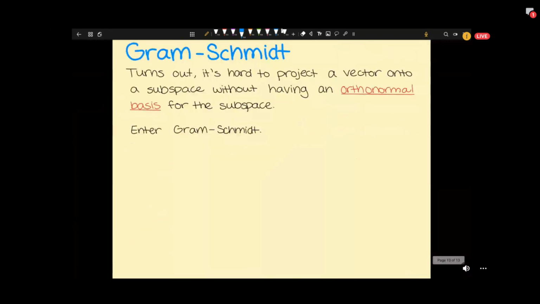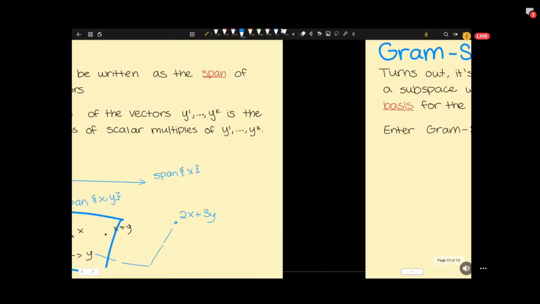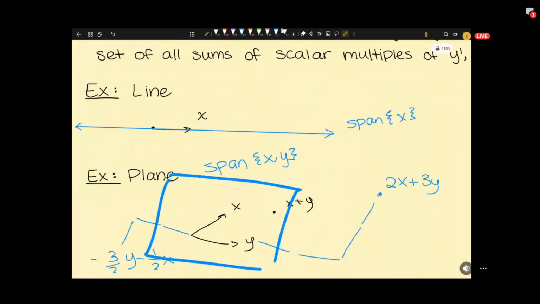Okay, so what is the point? It turns out there are ideal conditions for projecting a vector onto a subspace. And I have a word on here that I've not defined yet. These two vectors x and y, they're a basis.